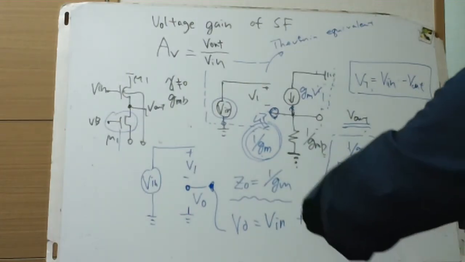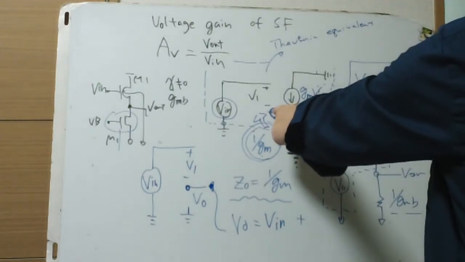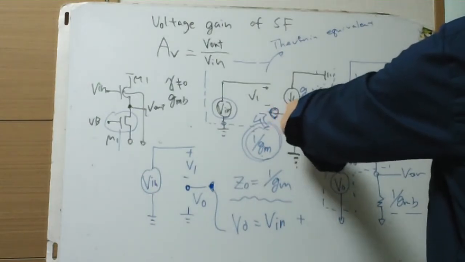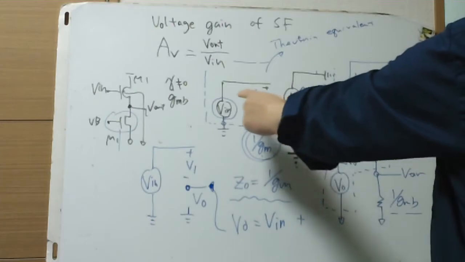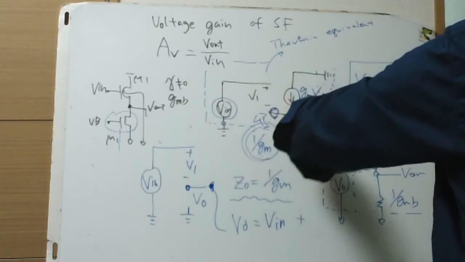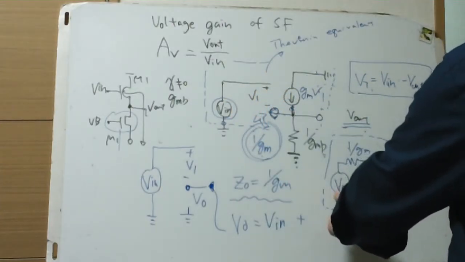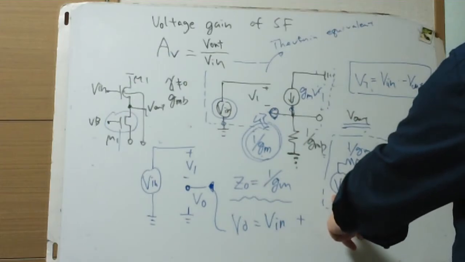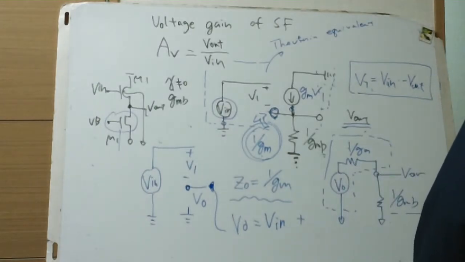So looking at this and this port, Vin minus V1 equals this voltage, so this must be V minus V1, not Vin. But V1 is 0, V1 is shorted, V1 is AC grounded.